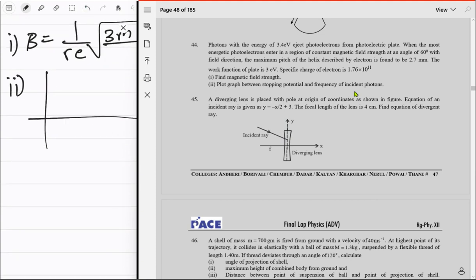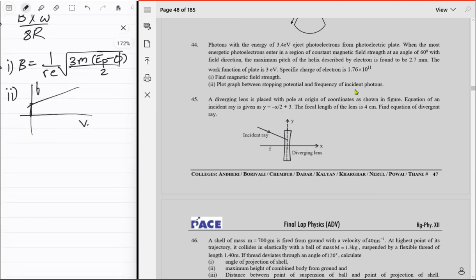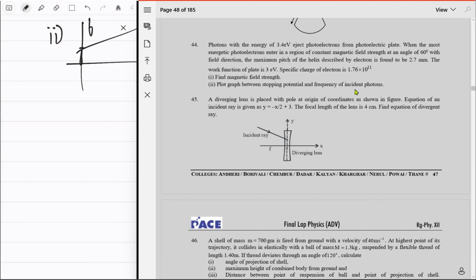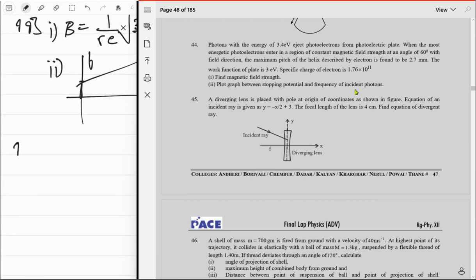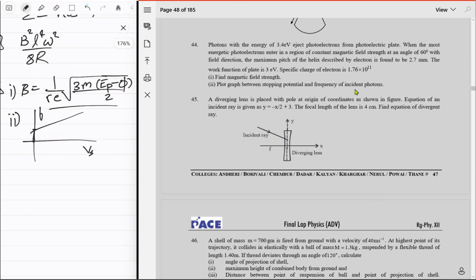When your stopping potential becomes 0, then the frequency of incident photon is just that required to nullify phi, which means it's at some level already. So frequency versus stopping potential, right? Okay, whatever. I know this is very weird, but how do I do this? There's no way I can do this.